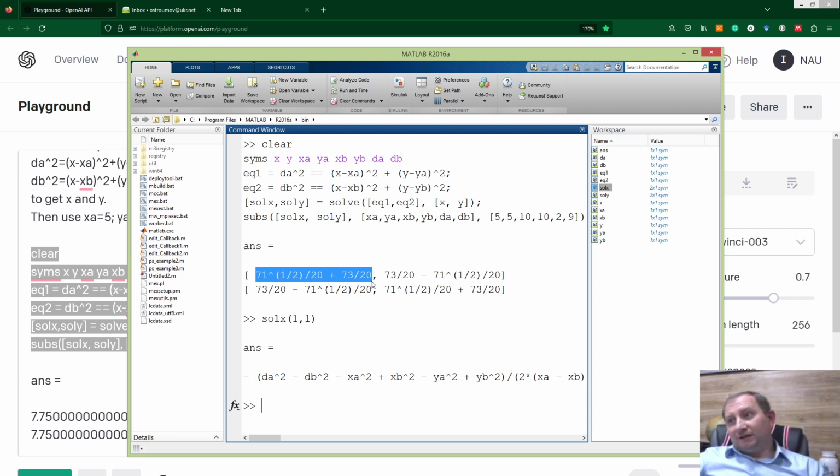And in this case, we can help. There are a few functions, however, I prefer to use in this case just double. Thus, we can use double and then specify that everything is answer.